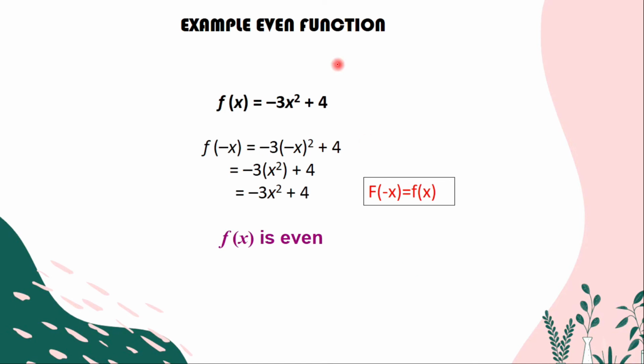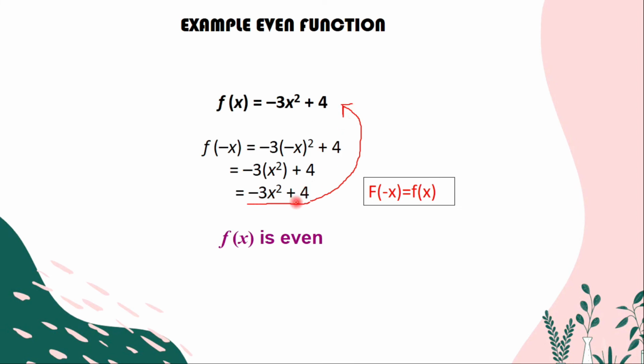Okay, next we look at an example of an even function. Given the function f of x equal to negative 3x squared plus 4. Same, we must substitute negative x into the value of x. So substitute negative x to the power of 2 plus 4, negative 3x to the power of 2 plus 4, and the answer is negative 3x to the power of 2 plus 4, same as above.